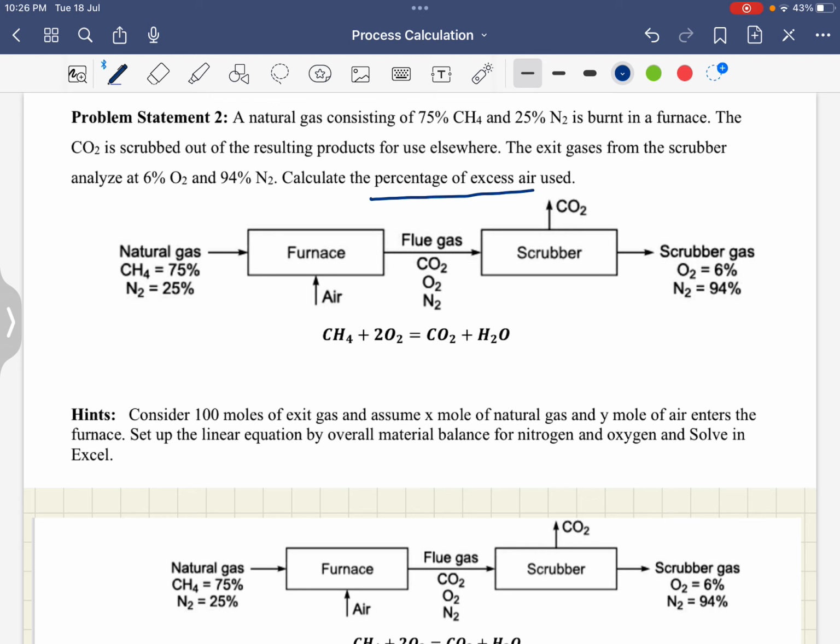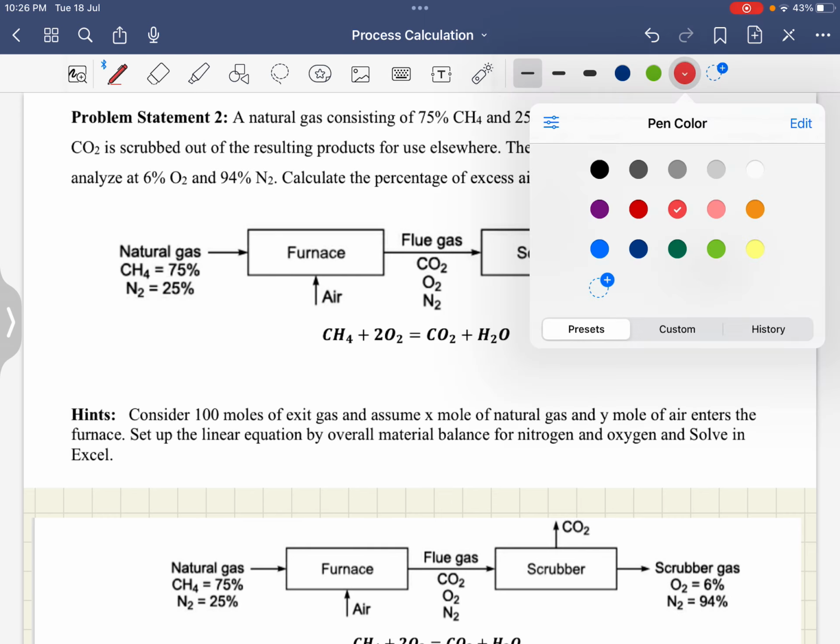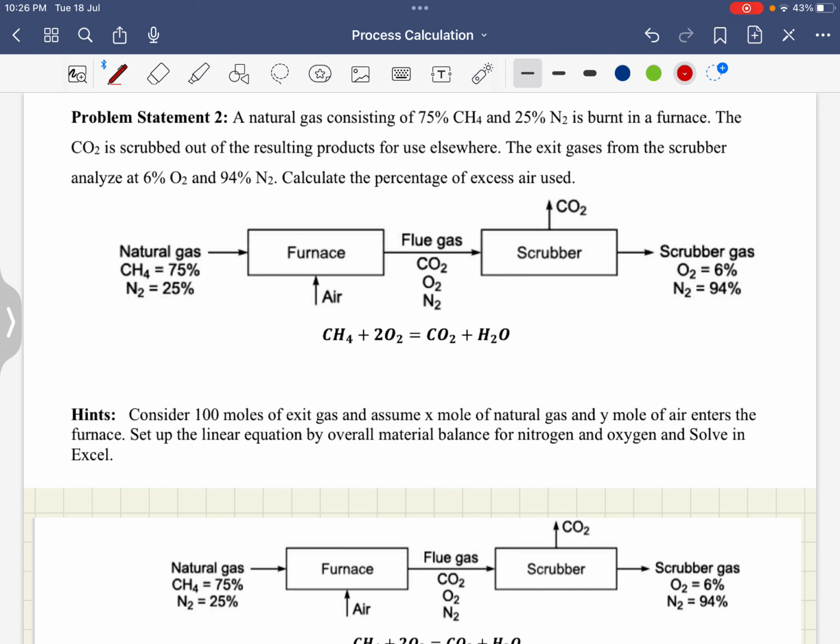Now here is the diagram. In the diagram, natural gas is entering the furnace. In natural gas, methane is 75% and nitrogen is 25%. Air also enters the furnace, because natural gas will burn with oxygen, and that oxygen comes from air.